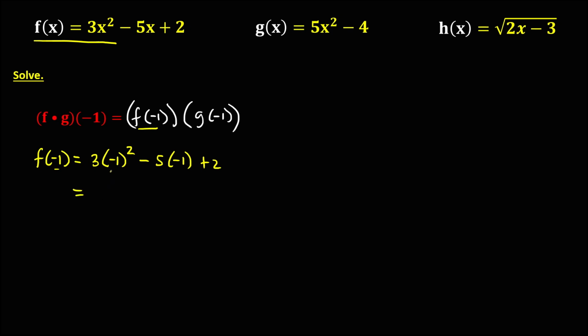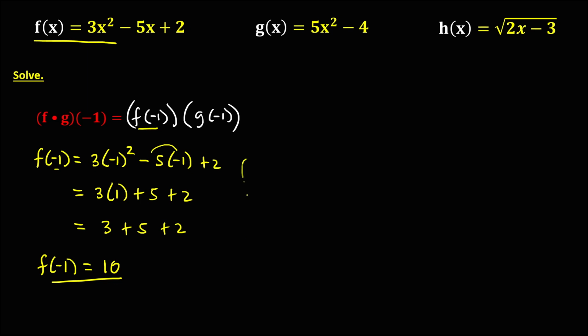Then to simplify, this is 3 times 1, this is positive 5, then plus 2. Then we have 3 plus 5 plus 2. So therefore, f of negative 1 is equal to positive 10.